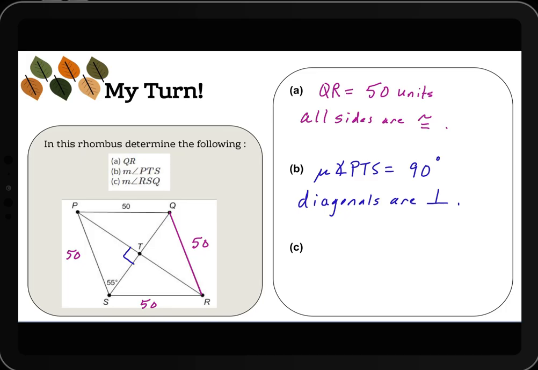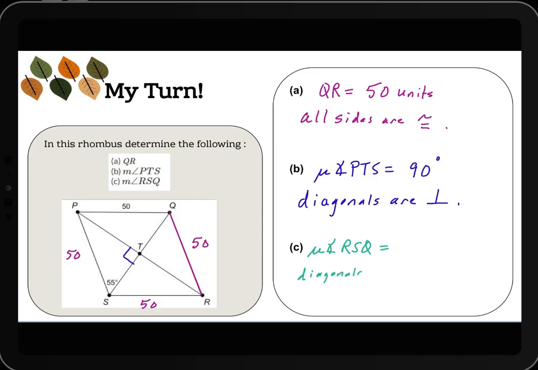Lastly, we are looking for the measure of angle RSQ. To find the measure of that angle, we can see that R to S to Q is represented by this angle here. And remember that another property of rhombuses is that their diagonals bisect the angles, right?